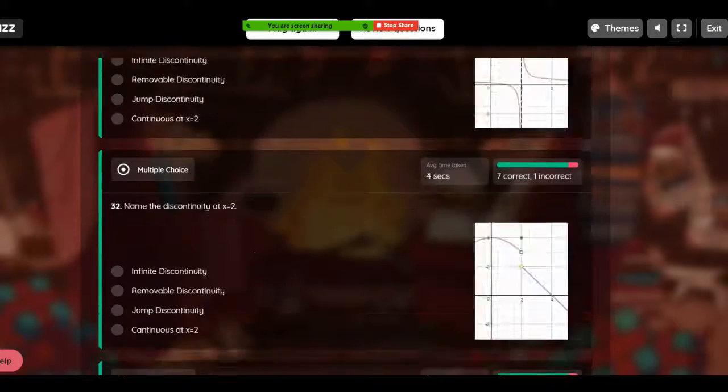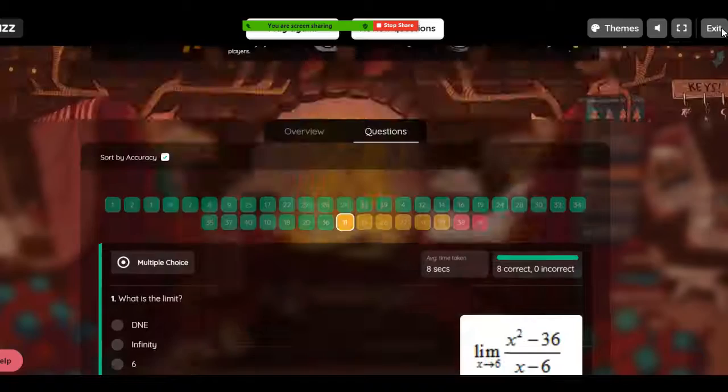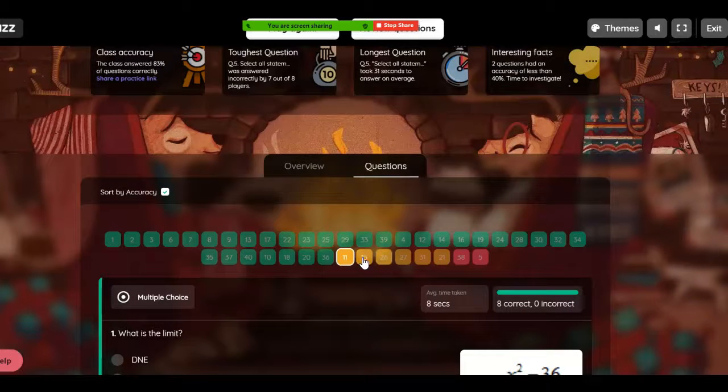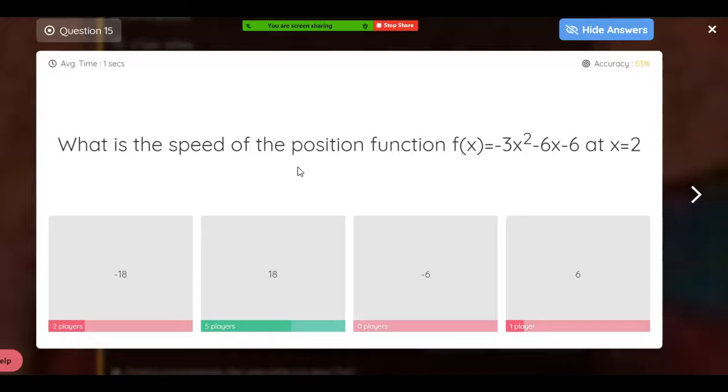Okay, going back up. I was hoping it would keep it in the order that it was, but we need 15 now. So it says, what is the speed? So again, I said we're going to probably focus a lot on PVA problems. So it says, what is the speed of the position function at 2?